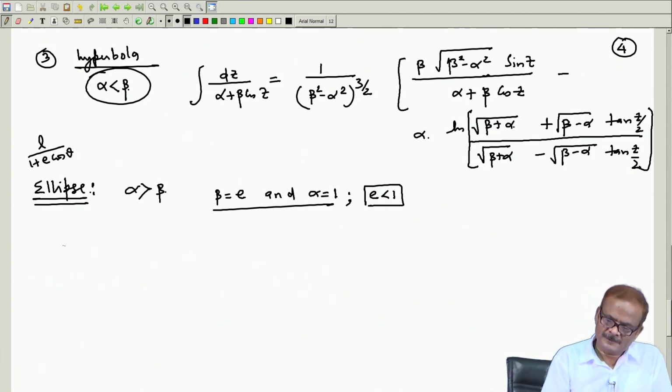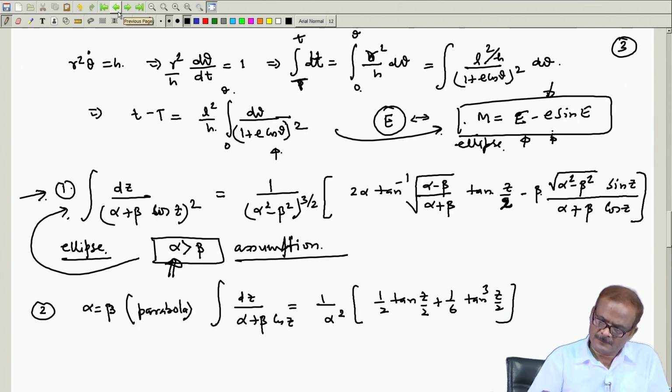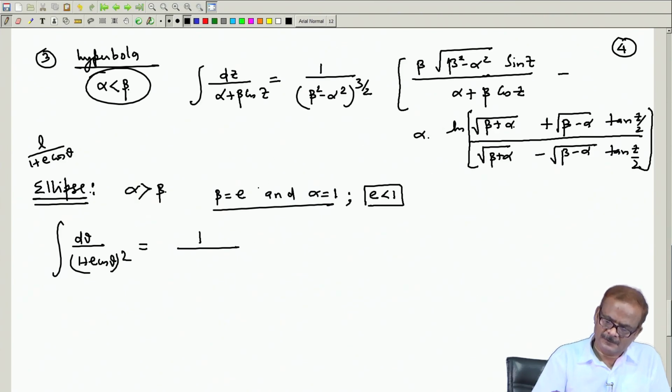If we do this, our equation then gets reduced to d theta by (1 plus E cos theta) whole square. In this particular equation, beta equal to E and alpha equal to 1. So, this is 1 minus E square. So, here we get (1 minus E square) to the power 3 by 2.